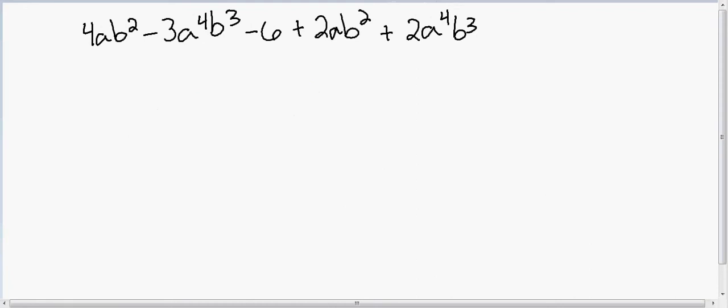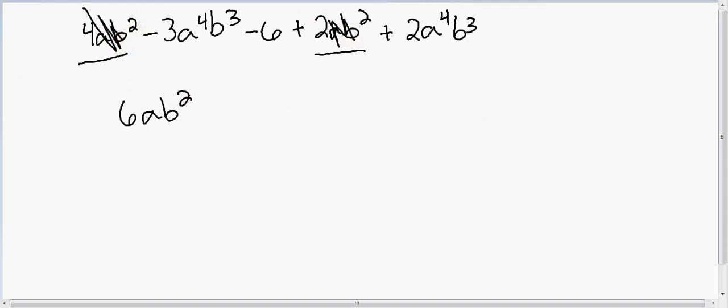Alright, so we're going to go ahead and combine our like terms now. When I combine like terms, it doesn't really matter what order I go in because I have more than one variable. So I see that I have ab squareds here and here. 4 and 2, when I add the coefficients, gives me 6. So I have 6 ab squareds. They're gone now.